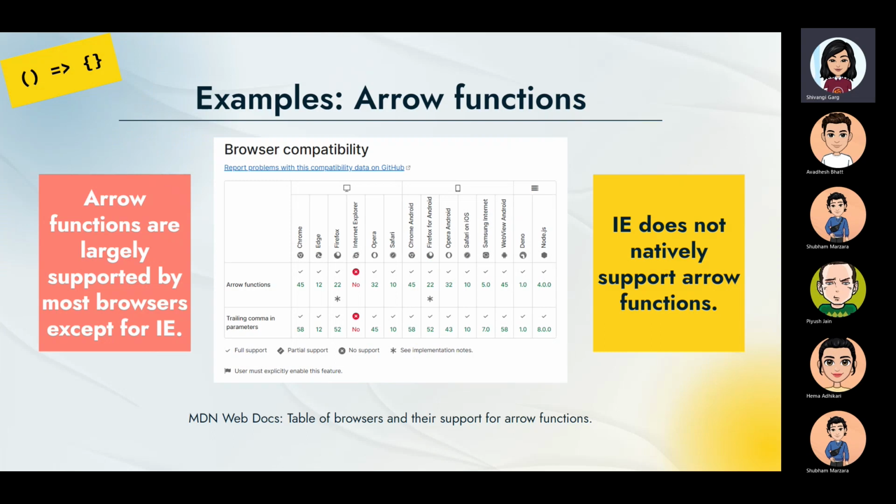An arrow function is a shorthand for writing functions in JavaScript. As you can see from this table, arrow functions are supported by most of the browsers like Chrome, Edge, Firefox, Safari. But Internet Explorer does not natively support arrow functions. So in that case, our code will not be displayed on Internet Explorer.